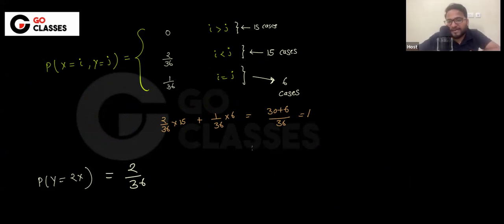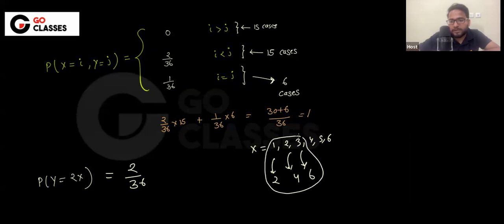So x can take the values 1, 2, 3, 4, 5, 6. So if it is double, then y must be, for this 2, for this 4, for this 6, right? So I think for only these three cases, 1, 2, 3. Then if x is 1, 2, 3, then y will be 2, 4, 6.